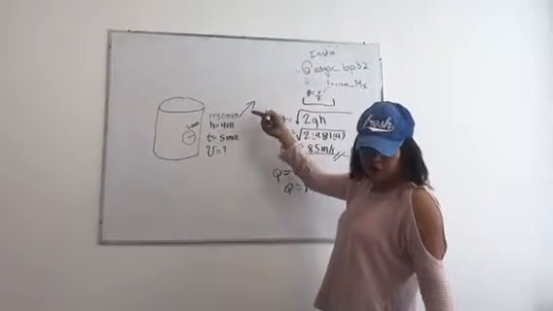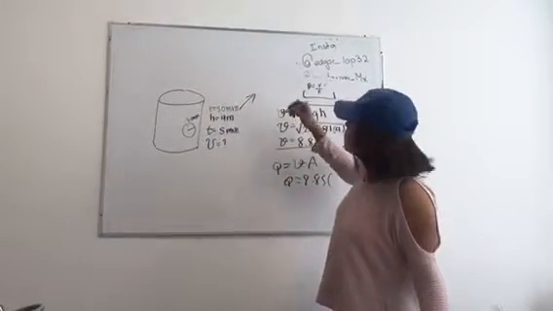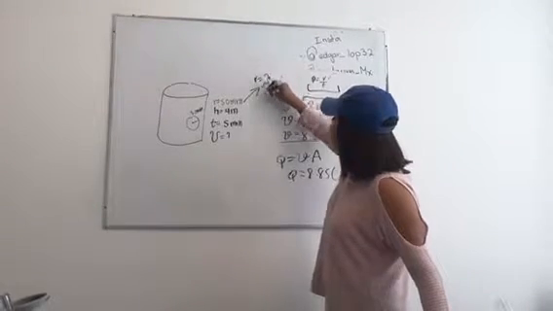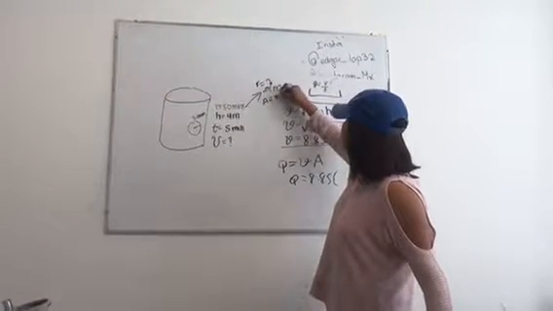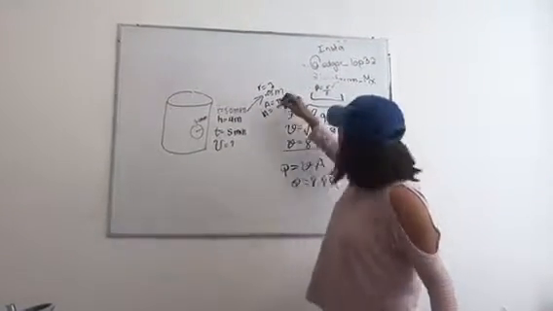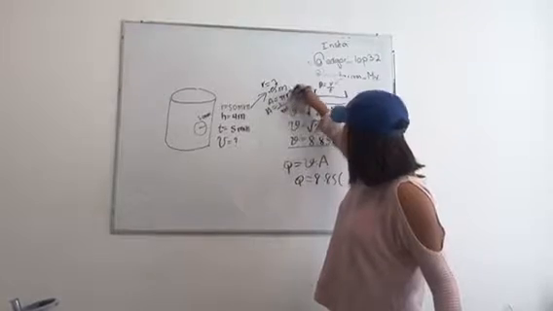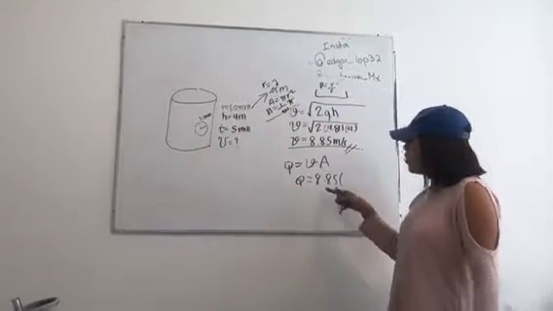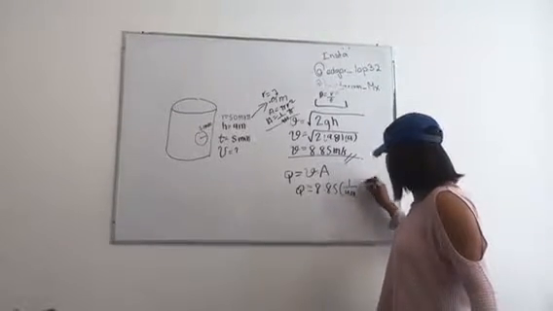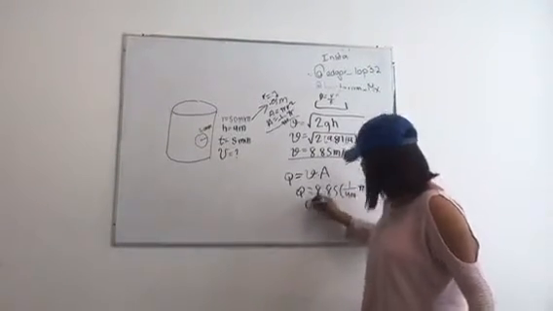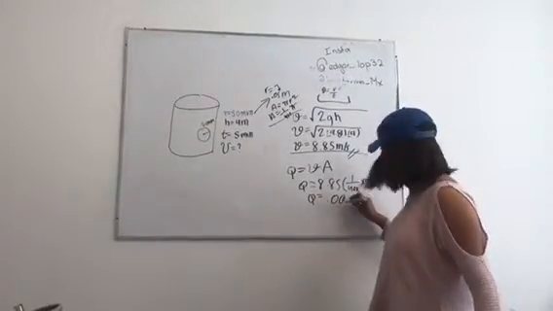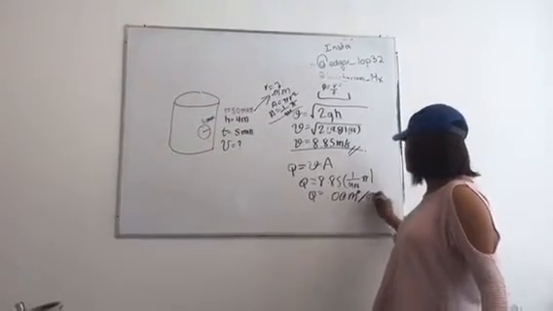We need to convert it first to meters. That is 0.05 meters of radius. With this, we're going to calculate area, that is pi times radius squared, and it's going to be 1/400 pi. That's the area. So velocity times area, that is 1/400 pi, is going to be 0.06 meters cubed per second.